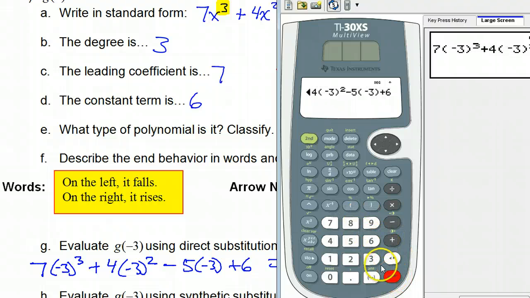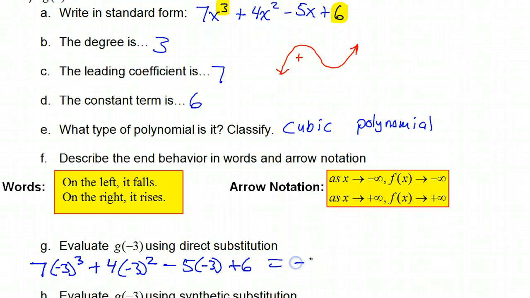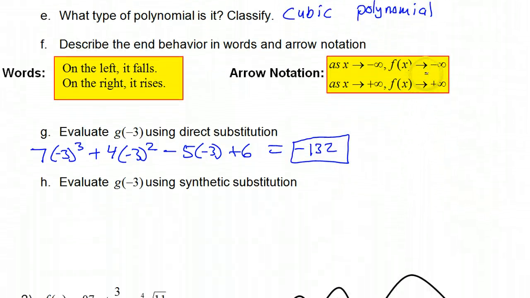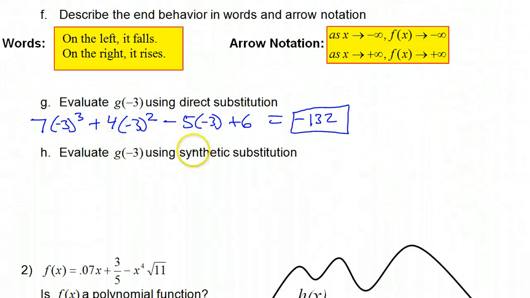Boom. Negative 132. Okay, that is how you do that by direct substitution. Now, let's do it by synthetic substitution, and we better get the same answer.